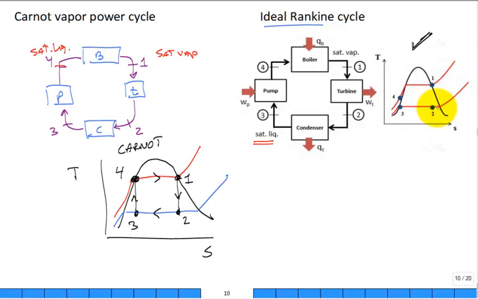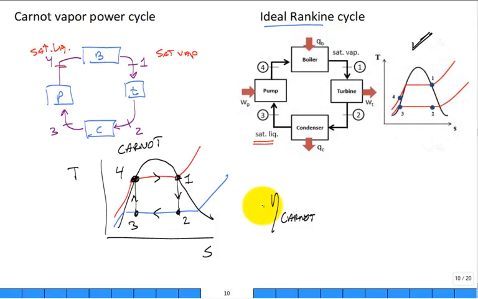So where's the big difference? If you understand and observe why they are different, then you'll see why the efficiency of the Carnot cycle differs. You have the same working fluid, same boiler pressure, same condenser pressure, same state 1, same state 2.